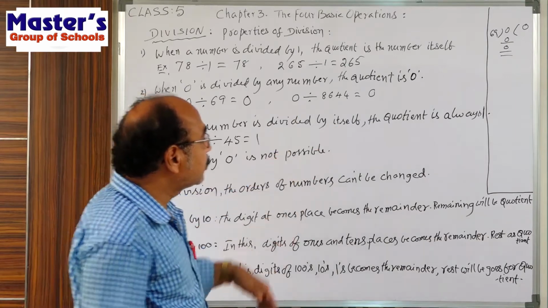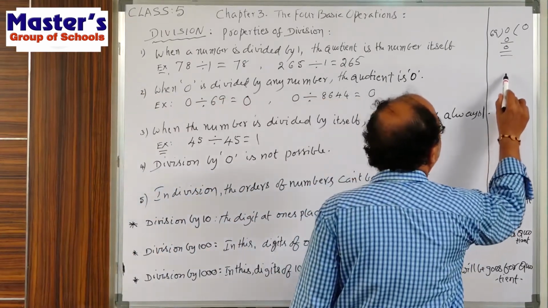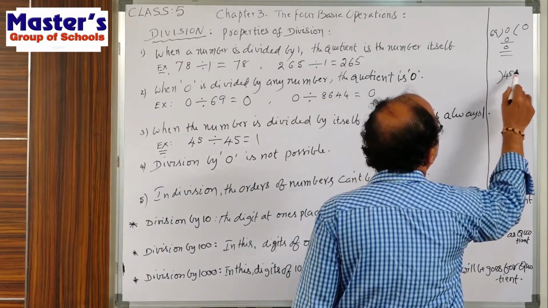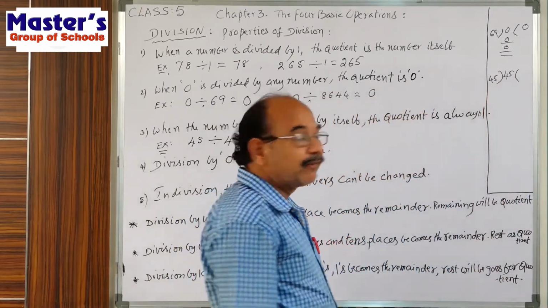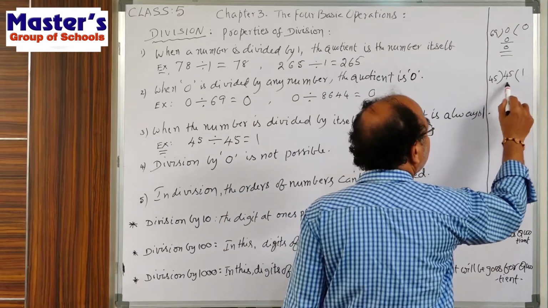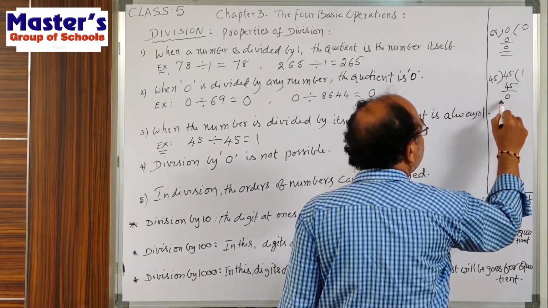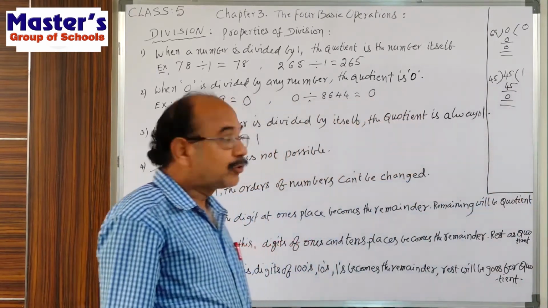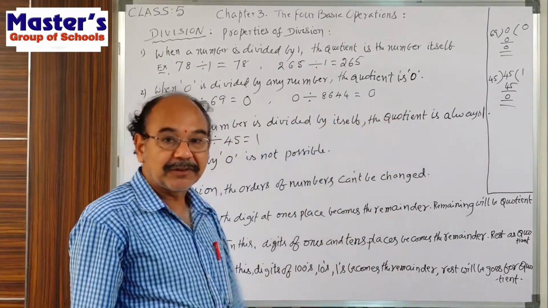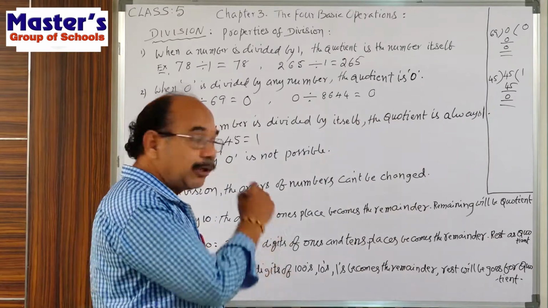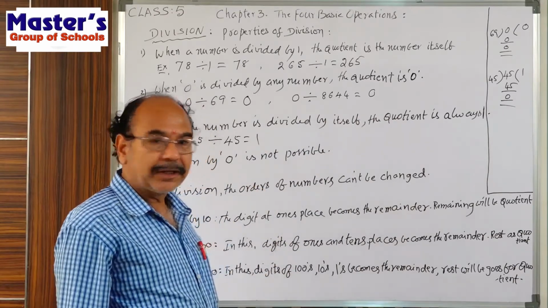Actually, when 45 is divided by 45, 45 ones are 45, remainder 0. So 1 is the quotient. So the quotient is always 1. Not only in this example, any example you can take.